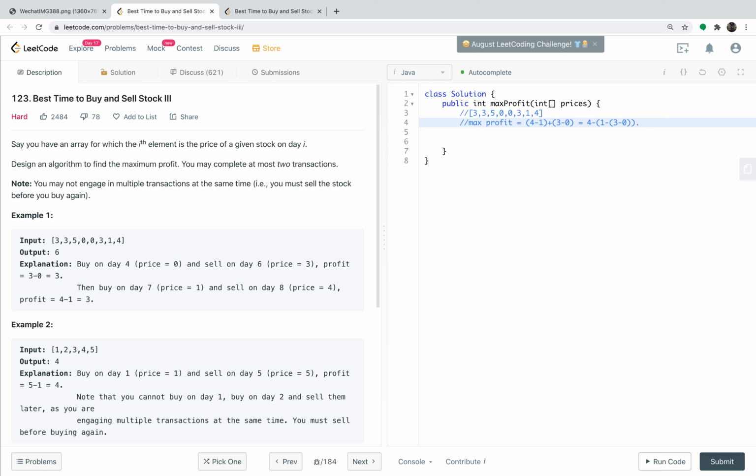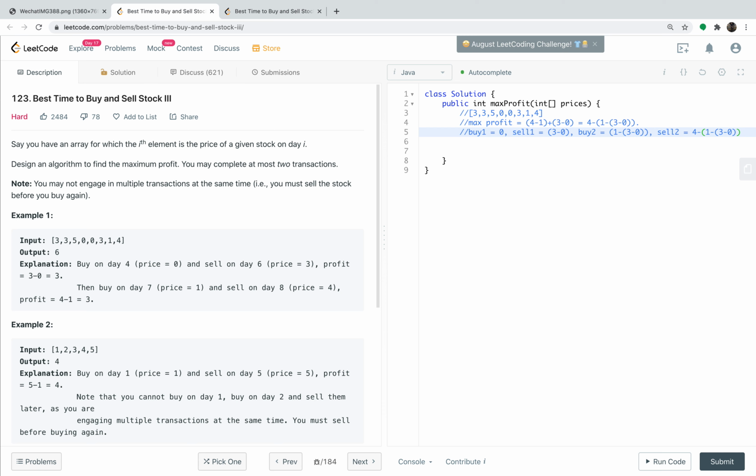So that means we can do a kind of state transition for this problem, which means we can set buy1 is 0 and sell1 is 3 minus 0, and buy2 is sell1 minus 3, and sell2 is the final result, 4 minus 1 plus 3 minus 0.